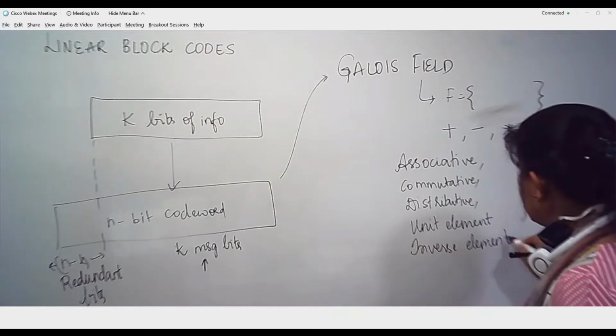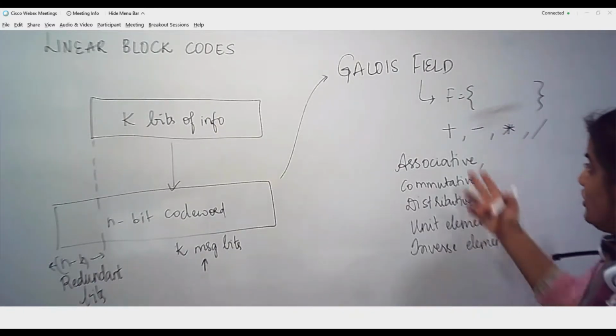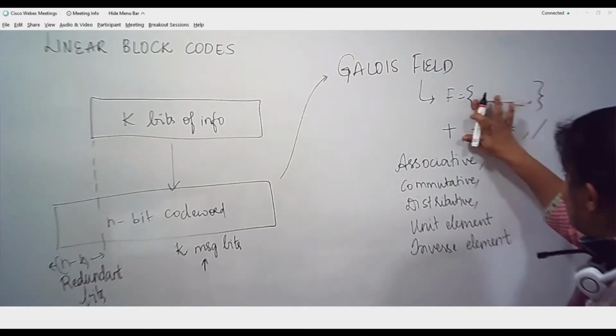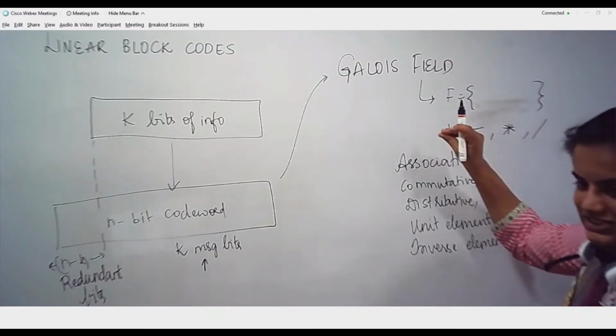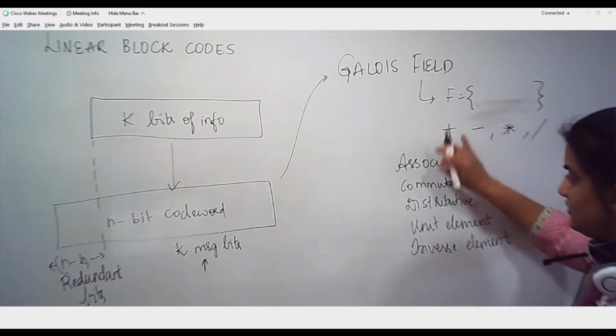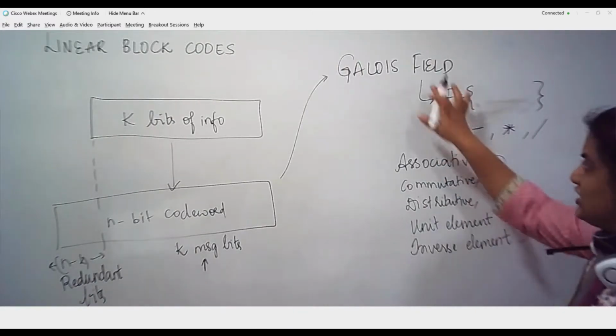If these conditions are satisfied for the given operation on a particular set of elements, then such a group of elements along with an operator is called a field.